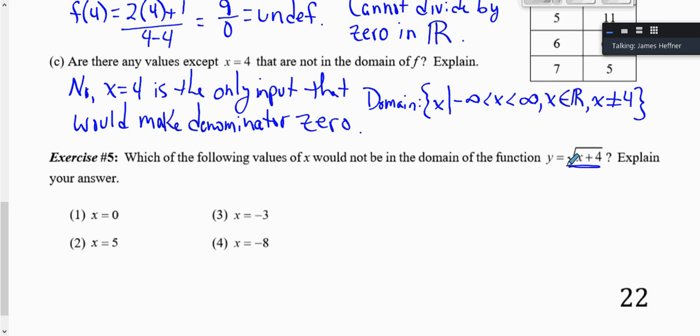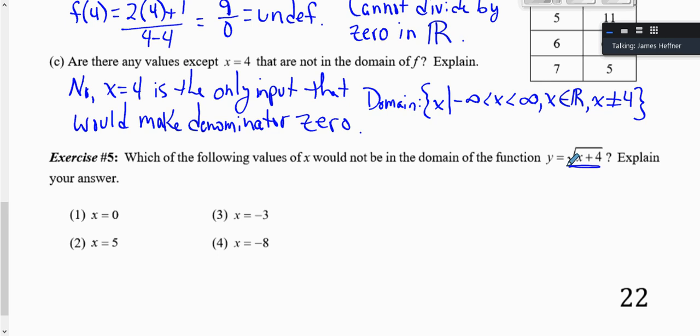So x can equal a whole lot of things, can it? What are some examples of what x cannot equal? It could be negative 4. Oh no, negative 8. So what happens if x is negative 8? Let's try these here.